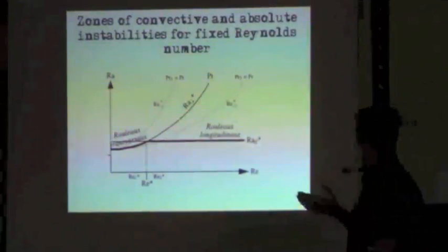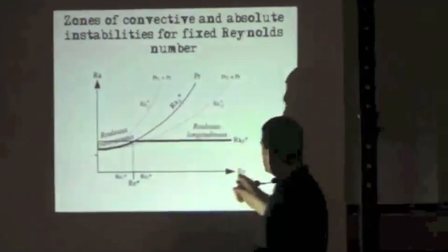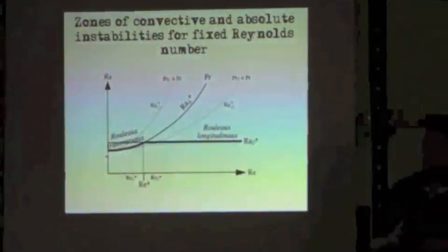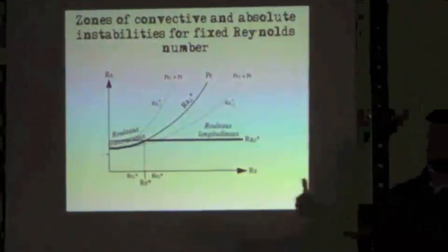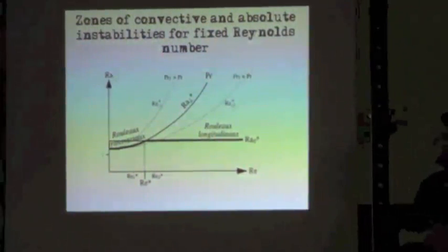The other parameter to control the convection rolls is the Reynolds number. The Reynolds number is proportional to velocity, and the velocity of through flow is proportional to the horizontal gradient of pressure.